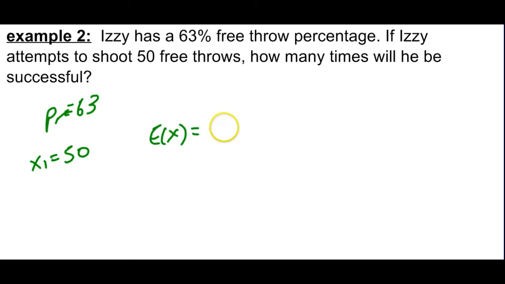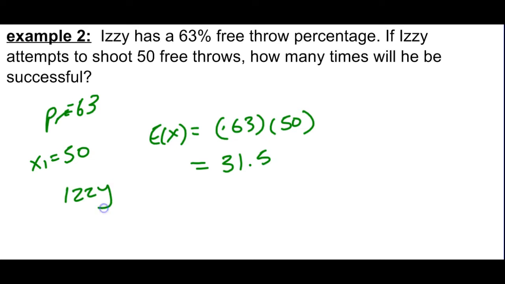The expected value is 0.63 times 50 free throws, and that's going to give us 31.5. So Izzy will make about 32 free throws out of 50.